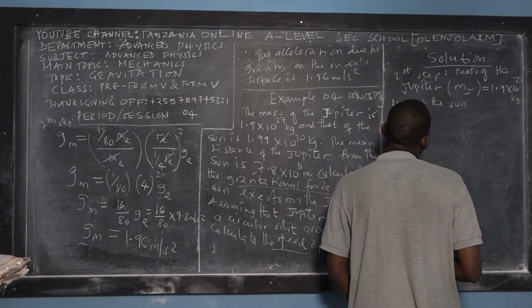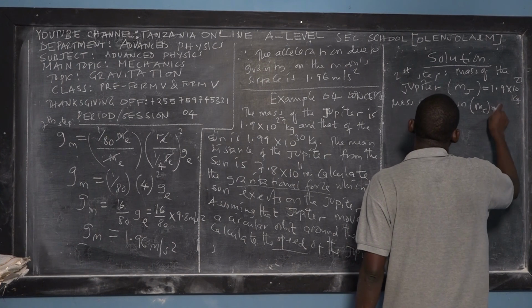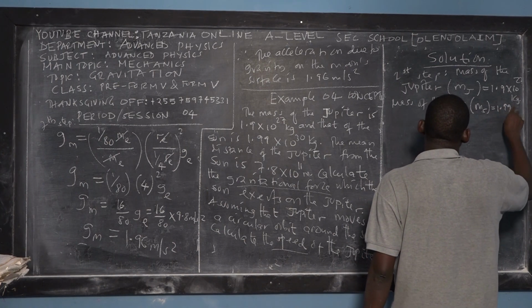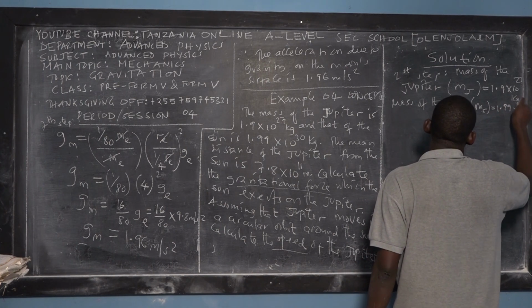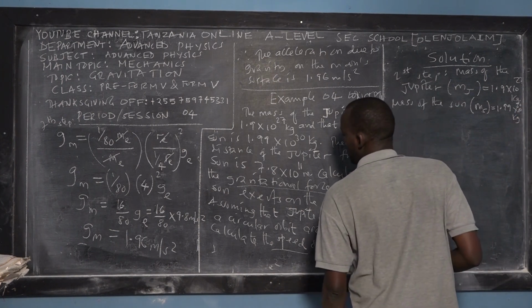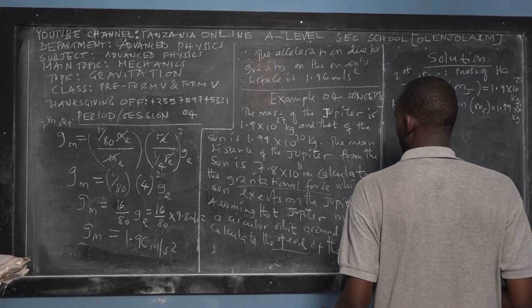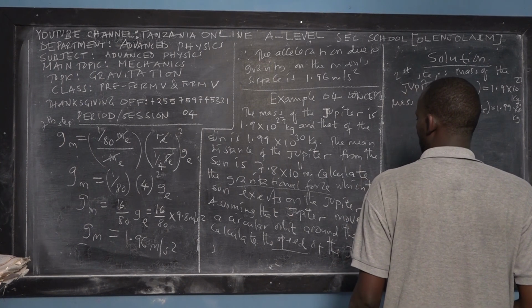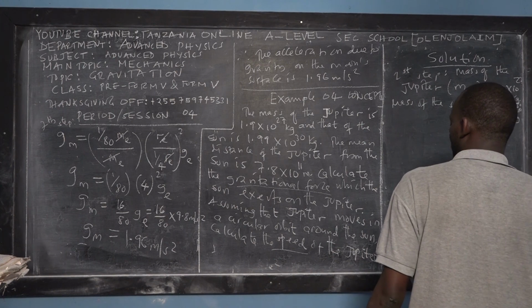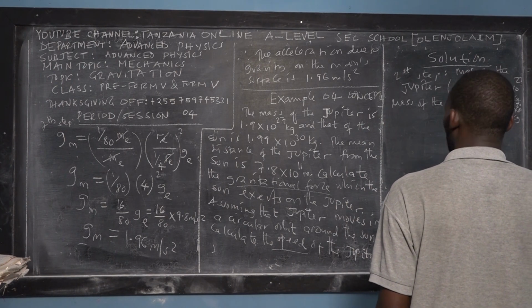Mass of the Sun, which we call M_S, is equal to 1.9 × 10^30 kilograms. So before we go for the speed, those are the details.